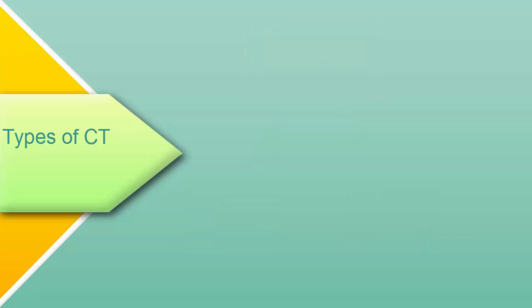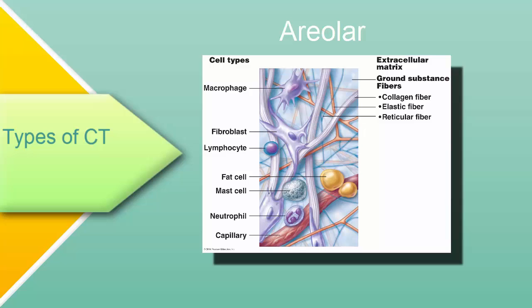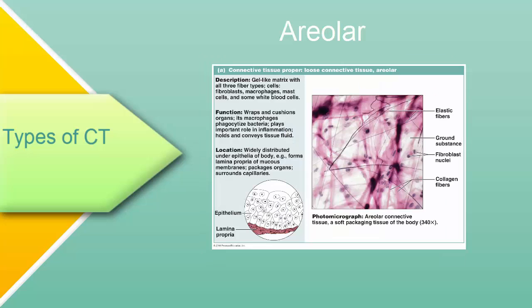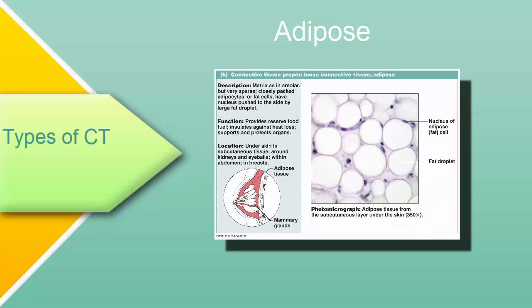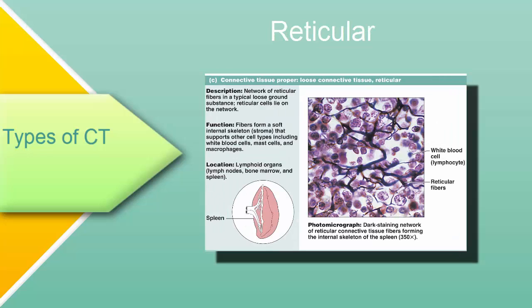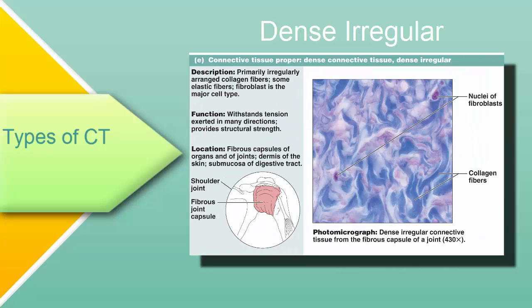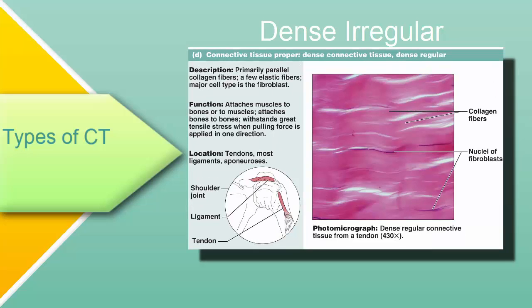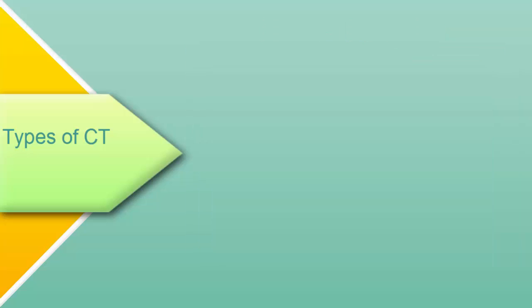Let's now take a look at the figures in your textbook of the slides of connective tissue proper. So those are the types of connective tissue proper. Please make sure that you know the figures and you know the information in them.